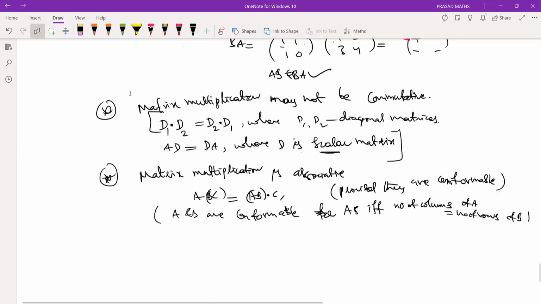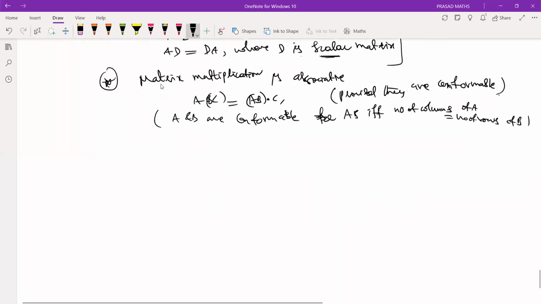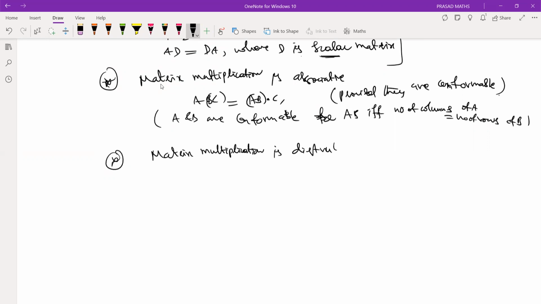Next, matrix multiplication is distributive with respect to addition of matrices.